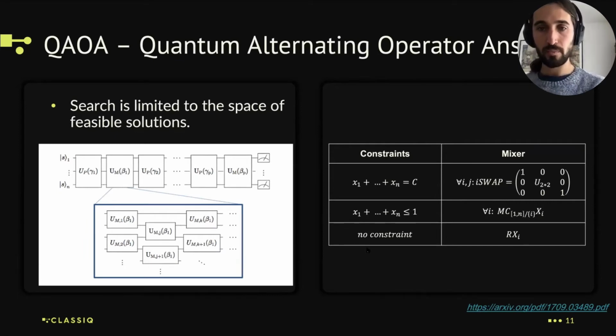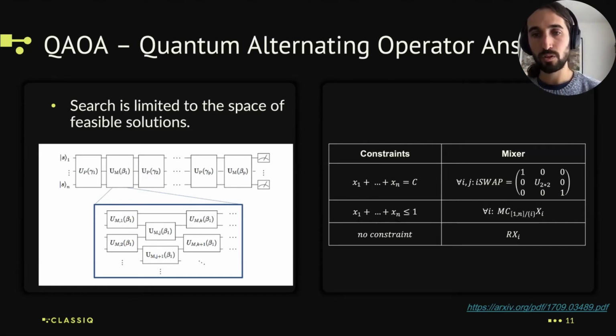This is one interesting idea. Another one is this binary inequality. So the sum of variables is lower or equal to 1. Here, if we want to change one variable, let's say x1, we can change it just if all the other variables are equal to 0. So if x2 up to xn equal 0, x1 can be either 0 or 1.